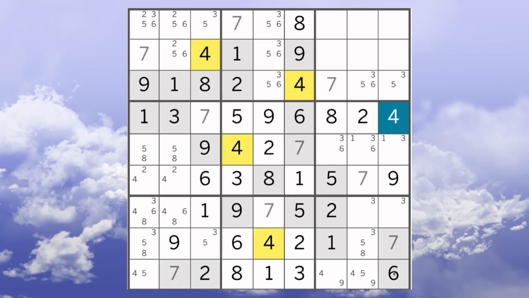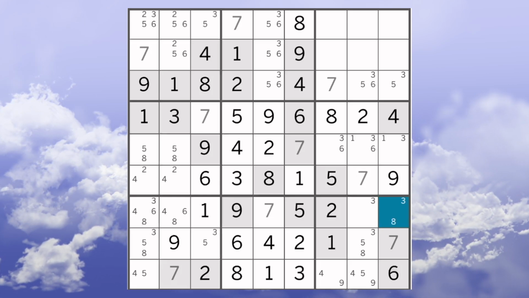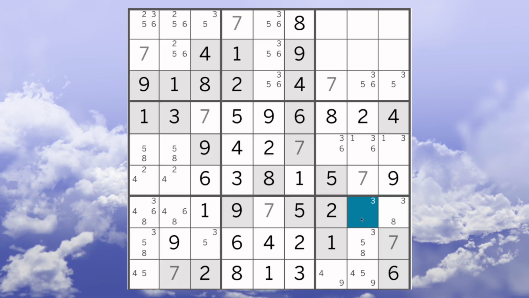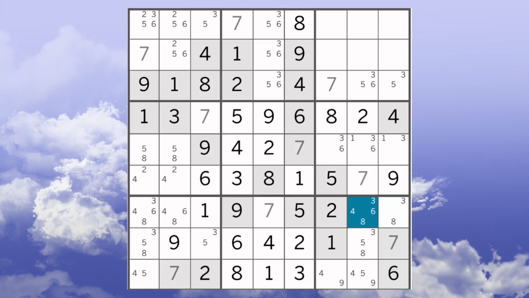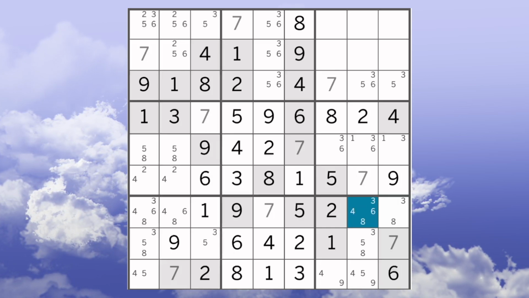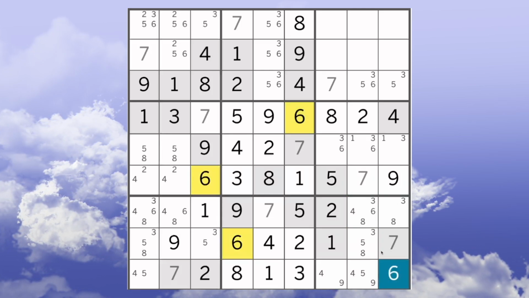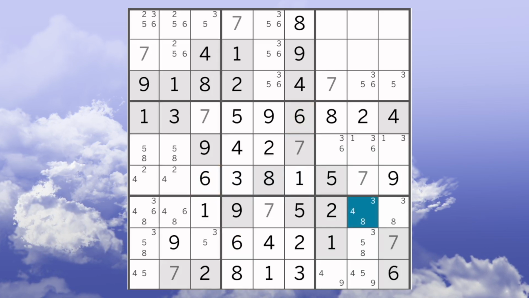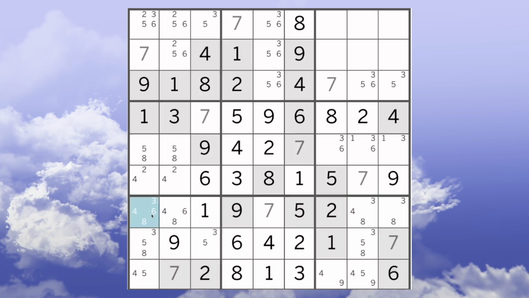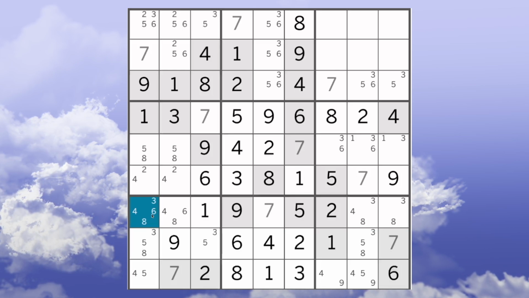That can't be a 4 or a 6, but it can be a 3 or an 8. That could be either of them. No, it could be a 6. We already have a 6 in this block here. So that can't be a 6. So the 6 does have to be there. But that's the only one. We narrowed down to 2.